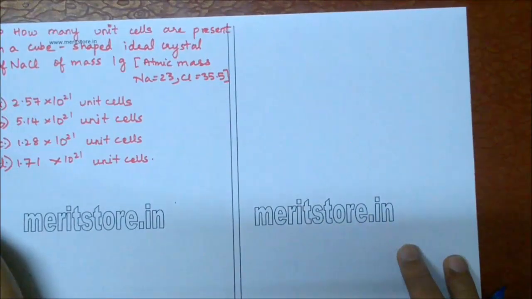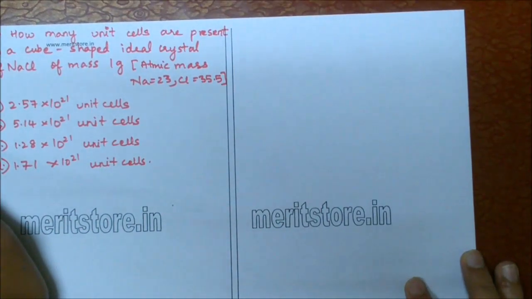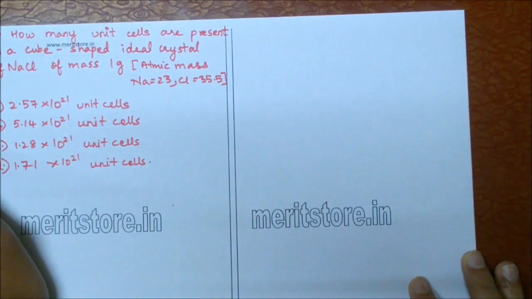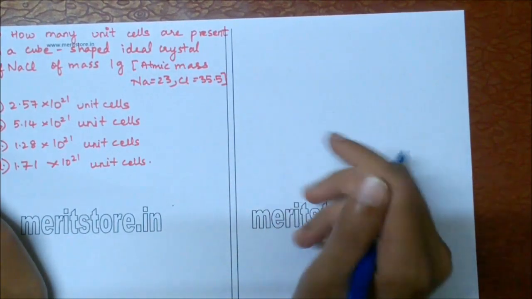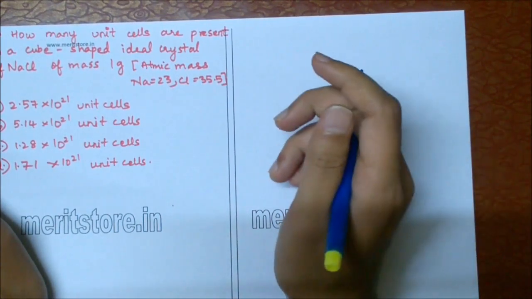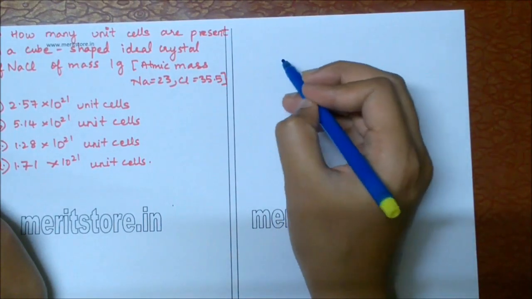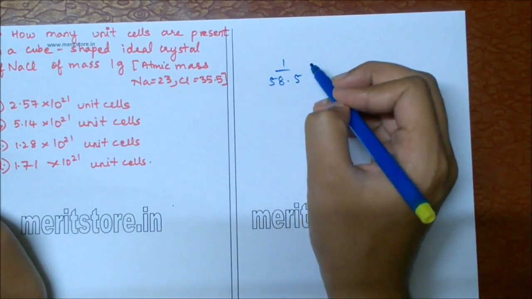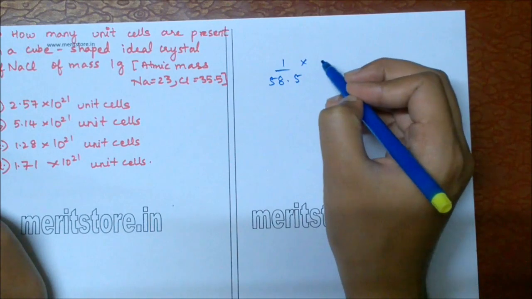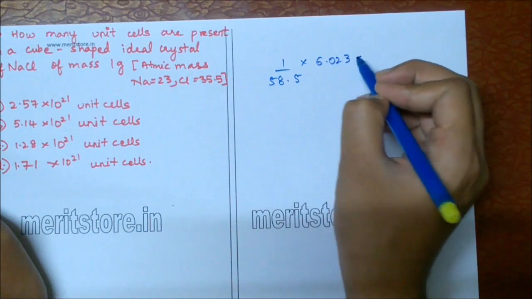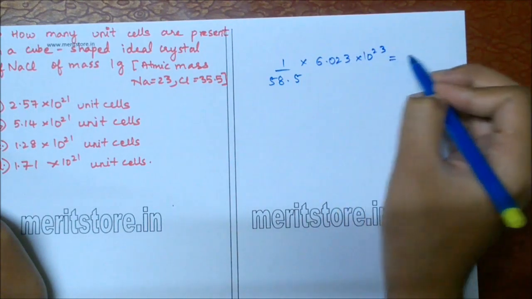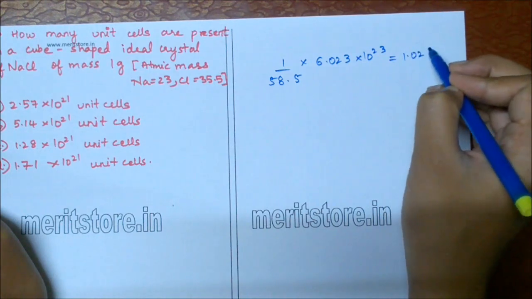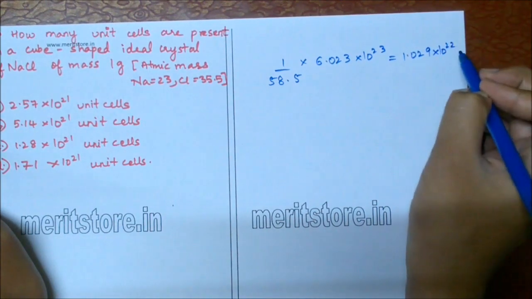How many unit cells are present in a cube-shaped ideal crystal of NaCl of mass 1 gram? Atomic mass of sodium is 23 and chlorine is 35.5. So we can write the number of atoms as 1 upon 58.5, which is the total atomic mass of NaCl, into 6.023 into 10 raised to 23, which is equal to 1.029 into 10 raised to 22.